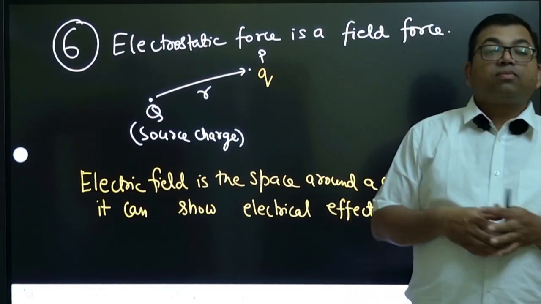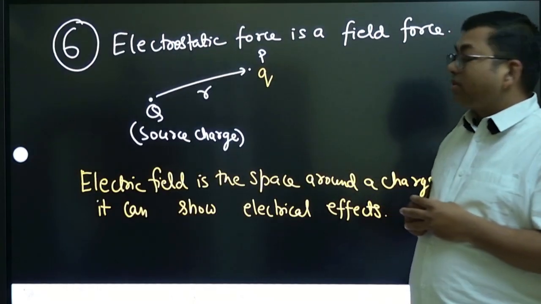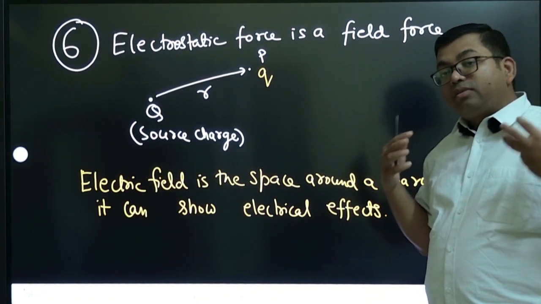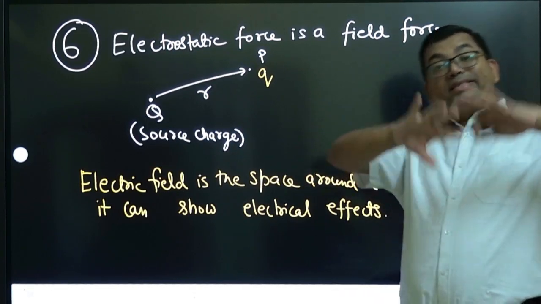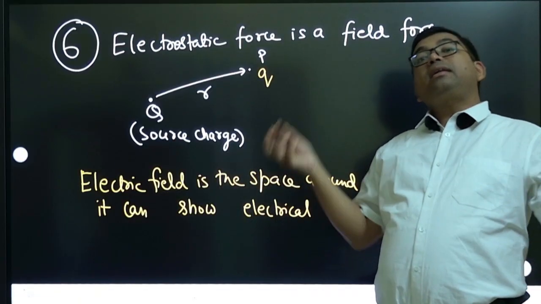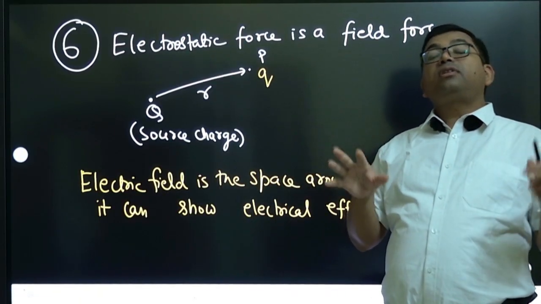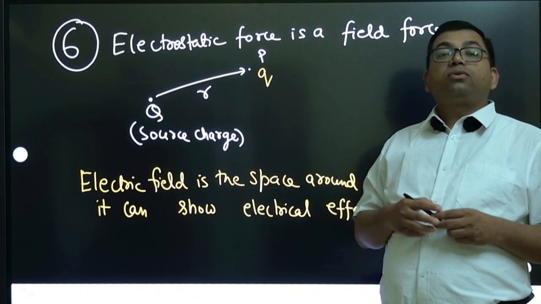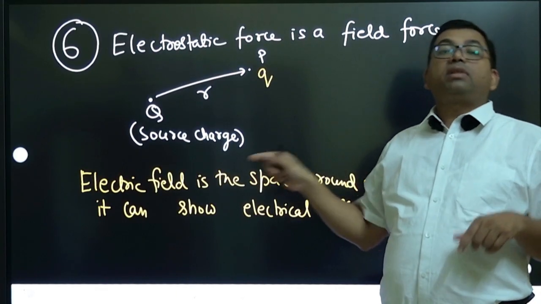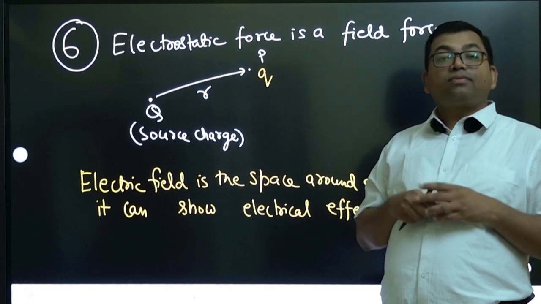The source charge creates a field around it, and any other charge which comes in that field will experience the force due to the field of that charge. So the field applies the force.